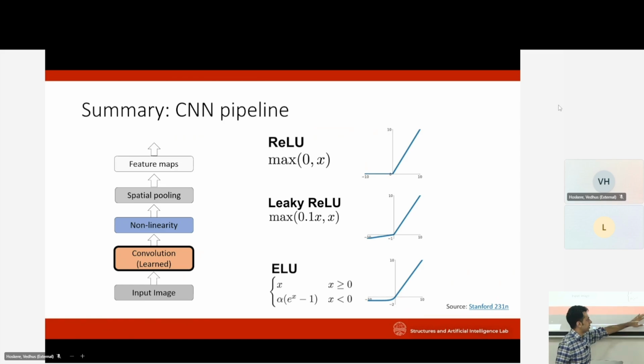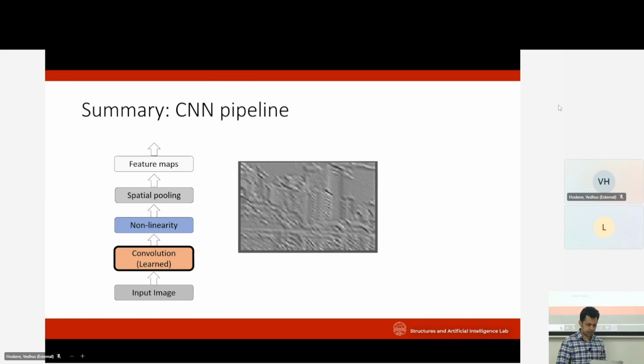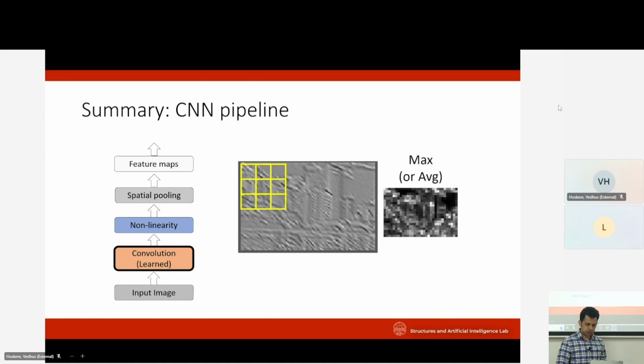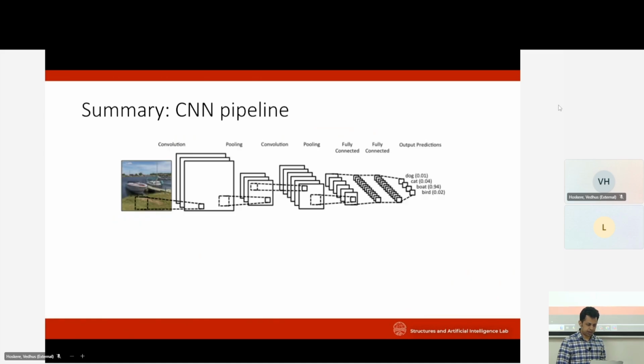And then there's an exponential one, which has a smooth curve on the negative side. And the pooling can be max or average. I think you guys get the idea.